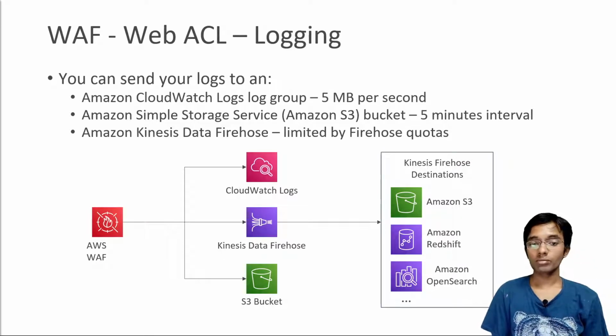You can also send it to an Amazon S3 bucket, and the logs will be sent every 5 minutes. Or if you want to have more control, you can send it directly from Web Application Firewall to Kinesis Data Firehose, in which case you are only limited by the Firehose quotas.